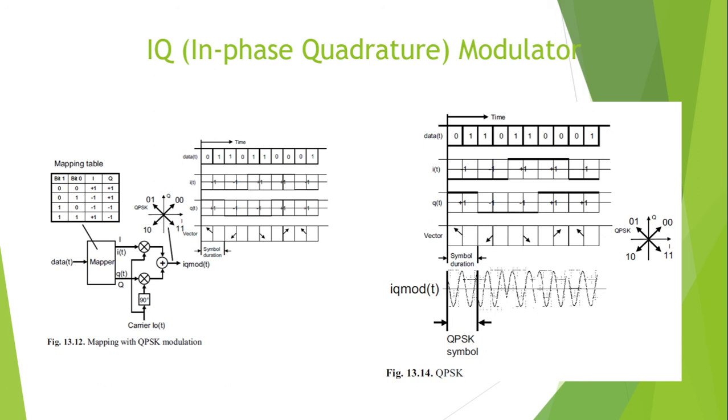The reciprocal of the symbol duration is the symbol rate, which you have seen already. The required bandwidth corresponds to the symbol rate. The bandwidth is always related to the symbol rate. Compared with simple bit transmission, the available bandwidth capacity is now boosted by a factor of 2.